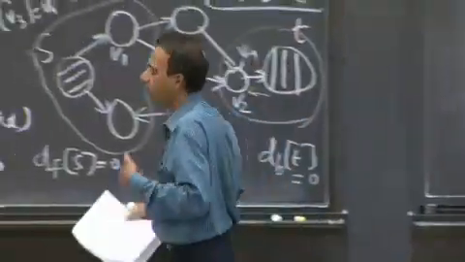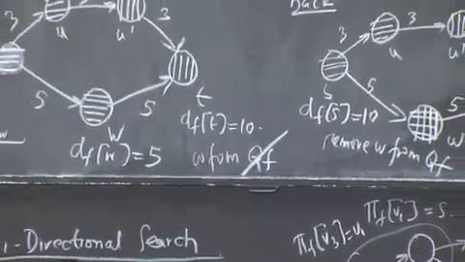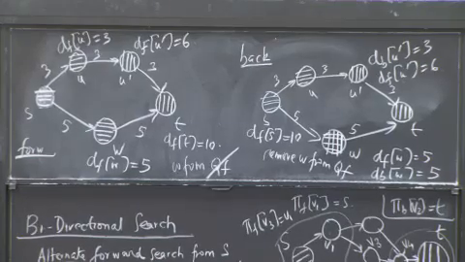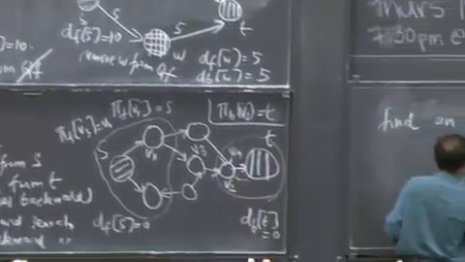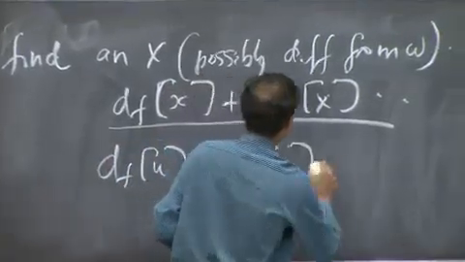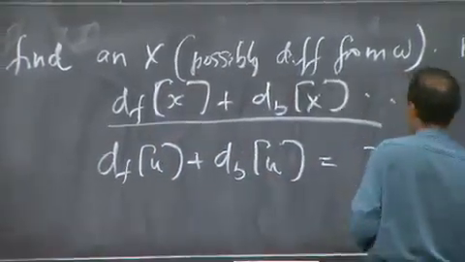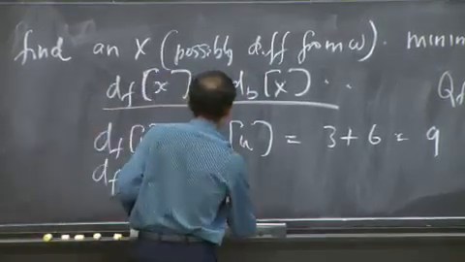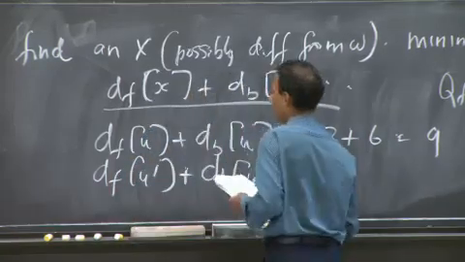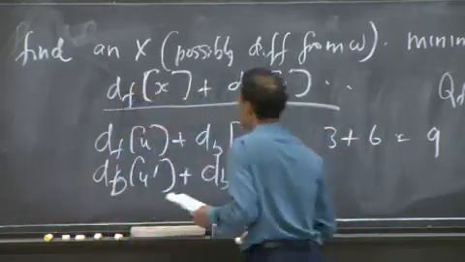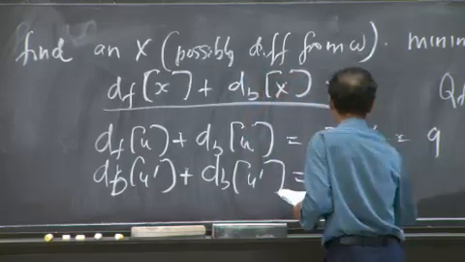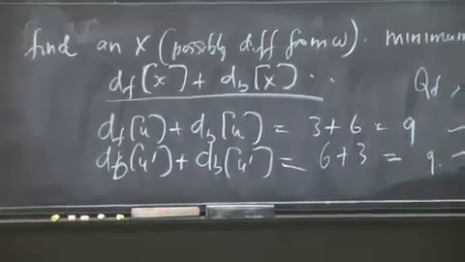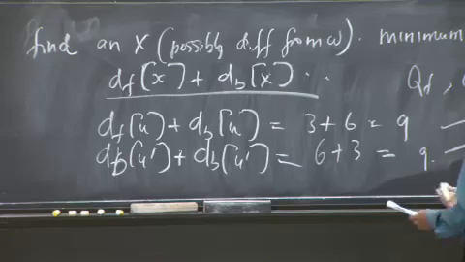So in this example, w caused termination, but now we need to scan, and there's only two other vertices that are interesting here, which are u and u prime, and either of those will fit the bill, because we see that df of u plus db of u equals 3 plus 6 equals 9, and df of u prime plus db of u prime, I'm sorry, I should have put db here, db of u prime would be 6 plus 3 equals 9, right? So both of these are less than 10, and so we had to pick one of these as our x.